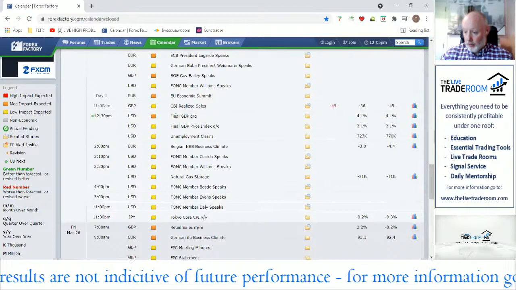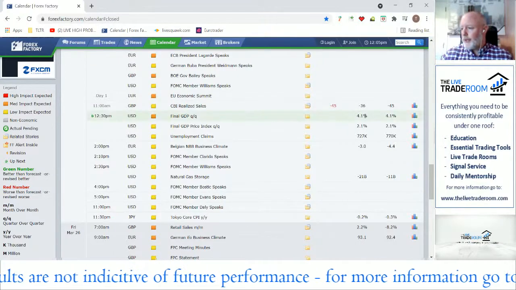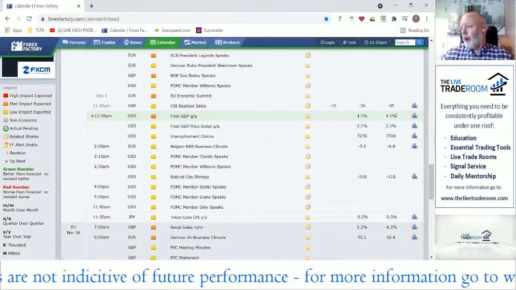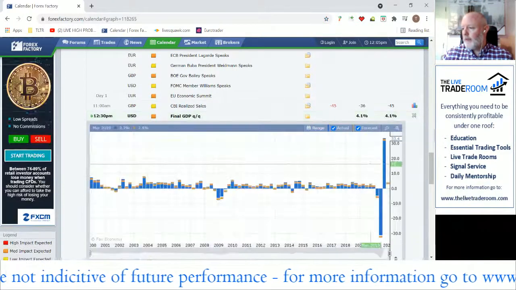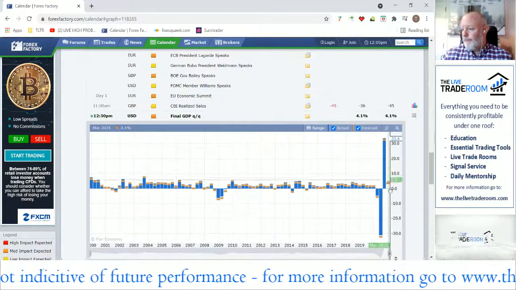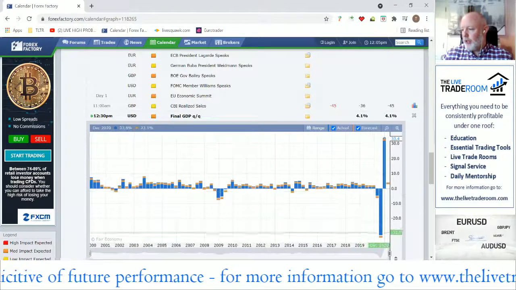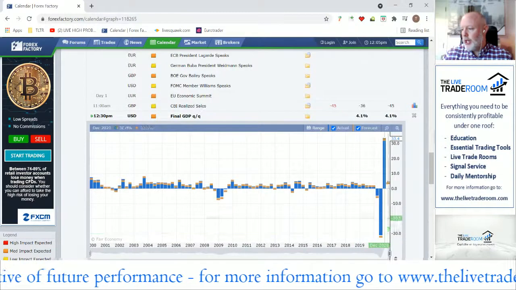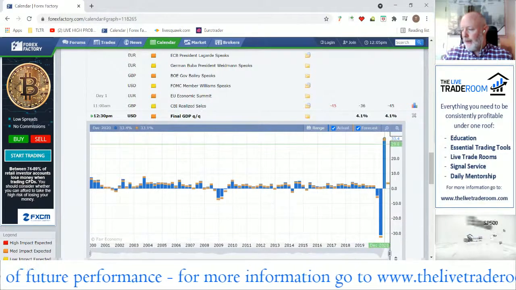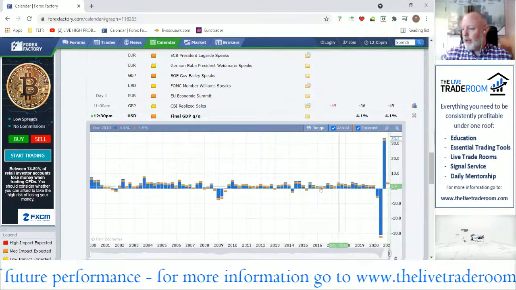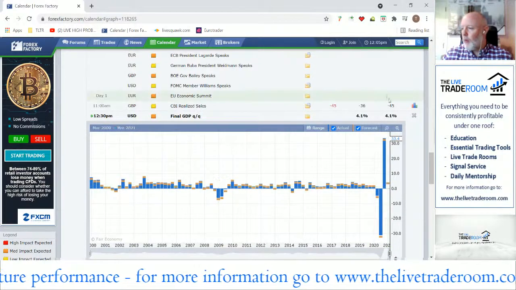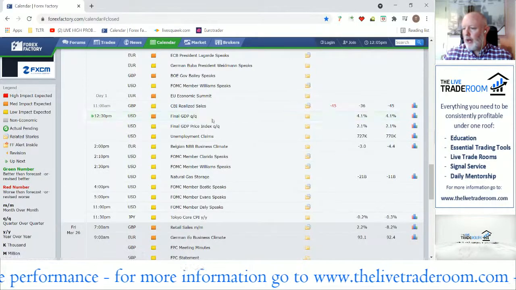This is the previous quarter, towards the end of last year, 4.1%. You can see the massive hit the US economy took over the course of 2 quarters last year, followed by the very significant bounce back, and now we're in the realms of normal GDP growth over the quarter.